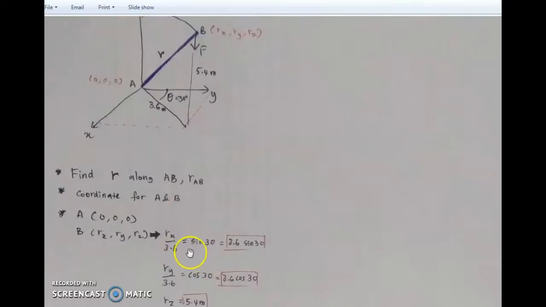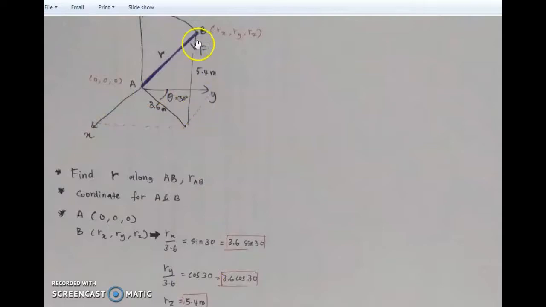So Rx over 3.6 equal to sine 30, which means that Rx is equal to 3.6 sine 30. Same goes to Ry. Using this value 3.6, Ry over 3.6 is equal to cos 30, which means that Ry is equal to 3.6 cos 30. Okay, that is the coordinate for Rx and Ry.